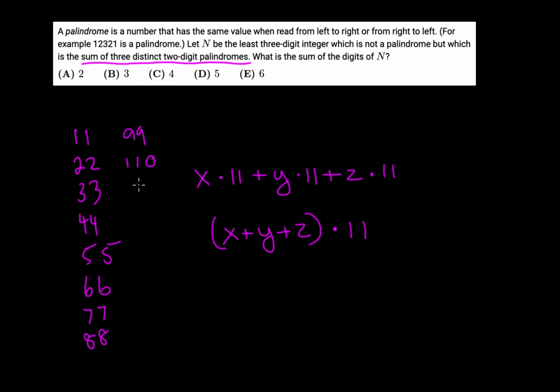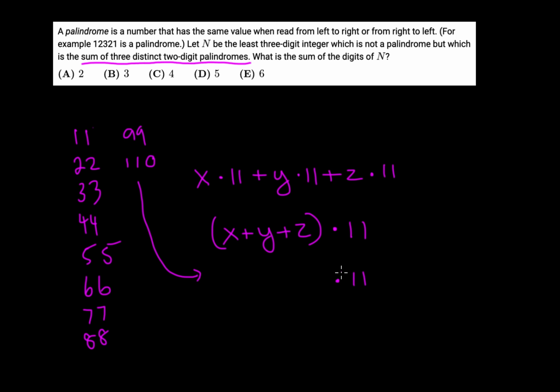But then again, just to be sure, we should make sure that this is a sum of three distinct two-digit palindromes. And it is, because we can see that it is. Just to narrow down which those three palindromes are, we can say that it has to be 10 times 11, right?